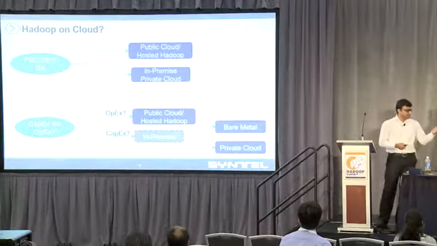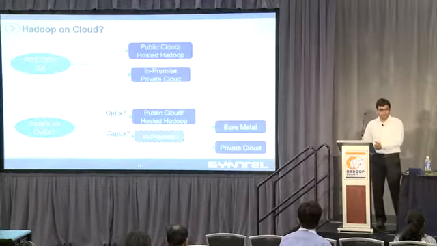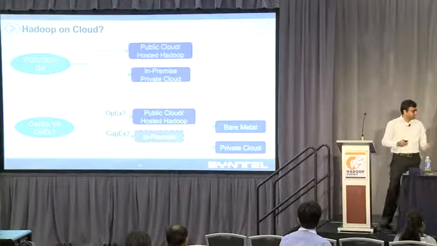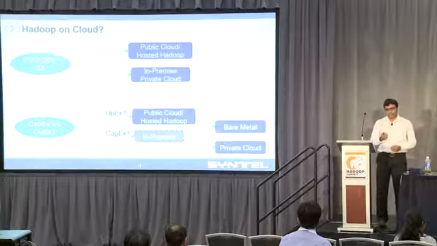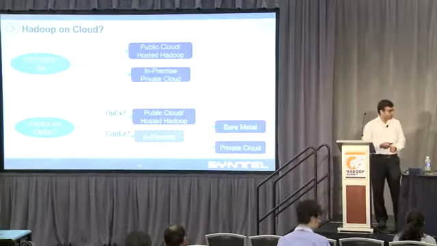And whenever you have CapEx or OpEx, based on that you can either make an upfront investment in your infrastructure, and then have it on bare metal for the applications which require higher performance, and a private cloud for those which require better utilization of the infrastructure. And if you need OpEx, you can go with the public cloud or a hosted Hadoop environment.